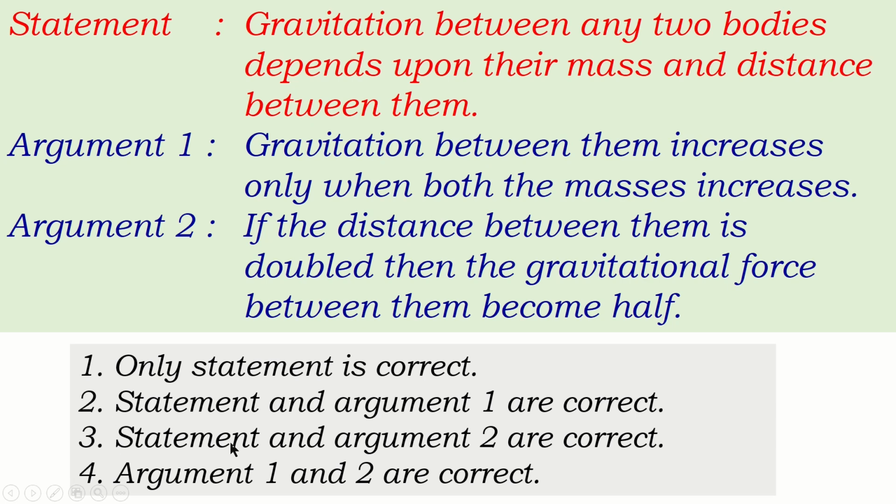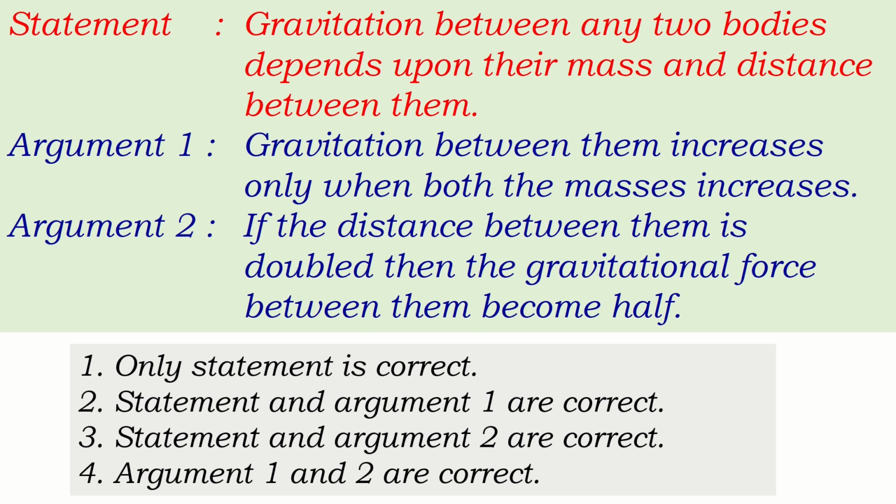Now let's go to option number 3. Statement and argument 2 are correct. We know the statement is correct, but argument 2, what is it? If the distance between them is doubled, then the gravitational force between them becomes half. Is this correct? No. Because gravitational force between two bodies is inversely proportional to the square of the distance. It means if the distance is doubled, then the gravitational force decreases by 4 times.